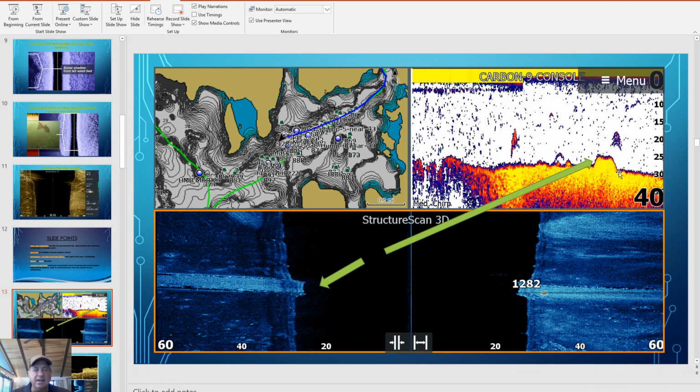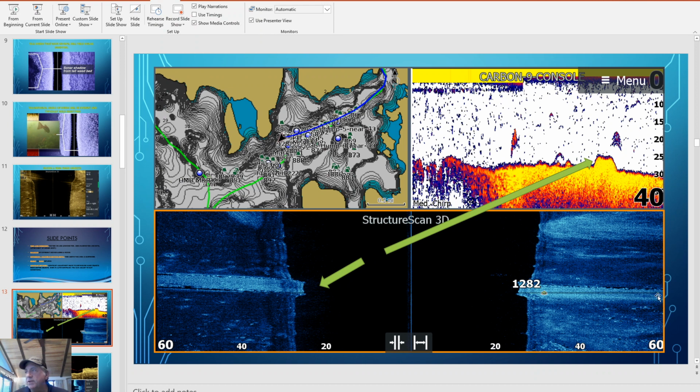So there's a lot of guesswork involved in interpreting 2D images. But you can clearly see down in side imaging that it's not a stump or a rock at all, that it's literally the top of the roadbed. So clearly here is an old roadbed.